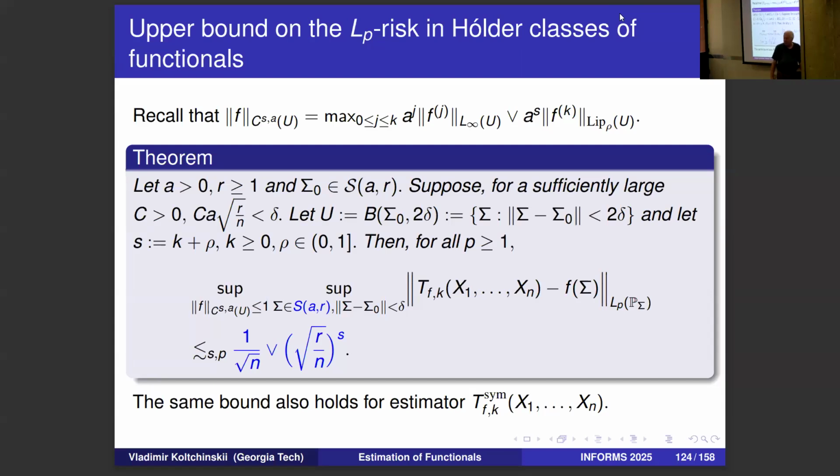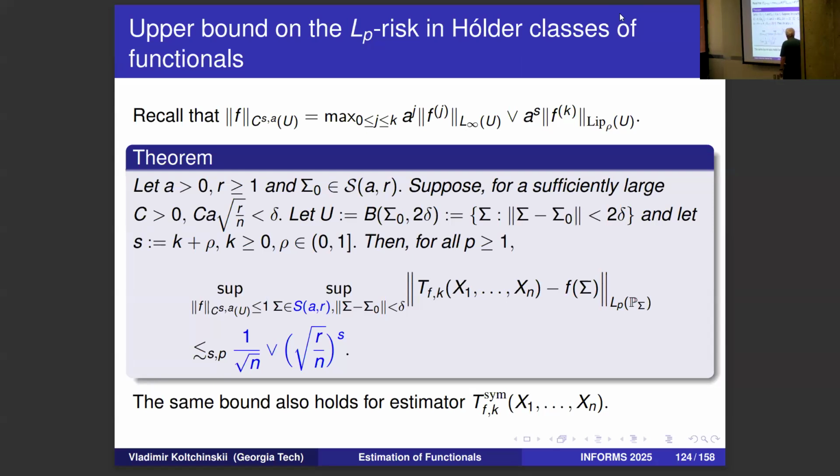This is the class of covariances whose operator norm is bounded by A and whose effective rank is bounded by R. I can put the sup over all covariances from this class that are close to some sigma naught, in the neighborhood of some sigma naught. And this is where we have smoothness of our functional in this neighborhood. And I can put the supremum over all functionals for which this weighted Hölder norm is bounded by 1, so kind of a Hölder ball in this norm.